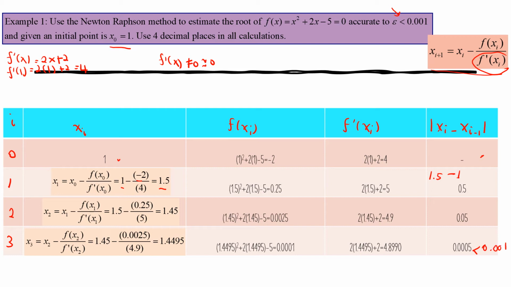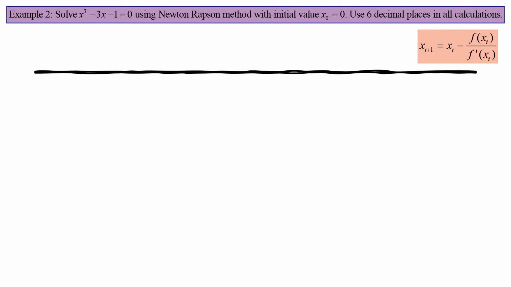So you have to stop the iteration here. So the solution for this problem is 1.4495. You can write here that the root of f(x) equals x squared plus 2x minus 5 is approximately equal to 1.4495.